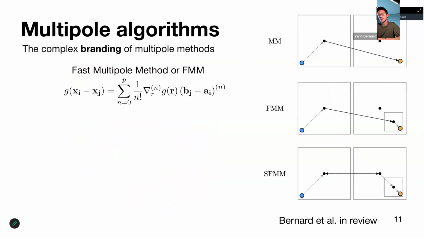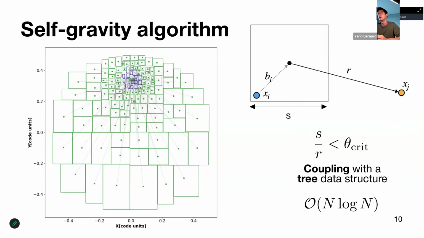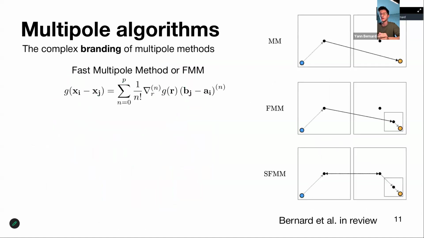But that's the original method. In Phantom, we used a slightly different method, which is supposed to be much faster, by doing this multipole expansion on two points to allow node-node interactions in this self-gravity solver.